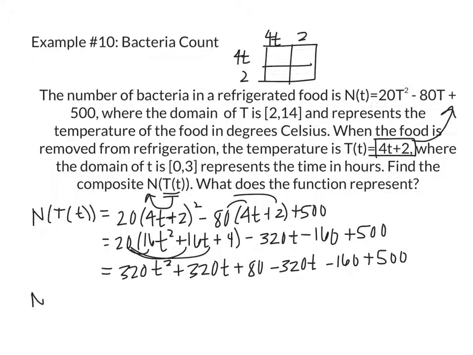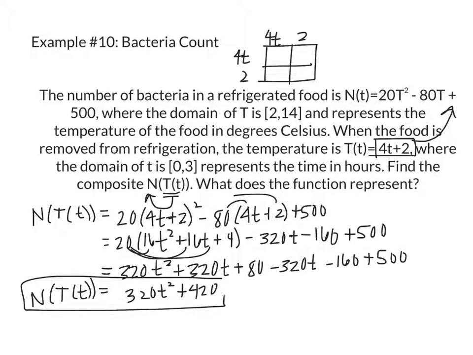In the end, n of T of t will equal 320t squared plus 420. Okay, and then what does it represent? Well, n of T of t represents the number of bacteria as a function of the amount of time the food has been out of refrigeration. Okay, and that's it.